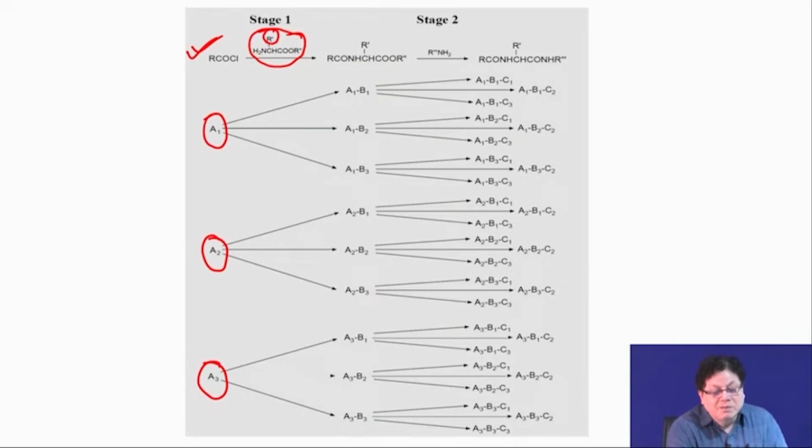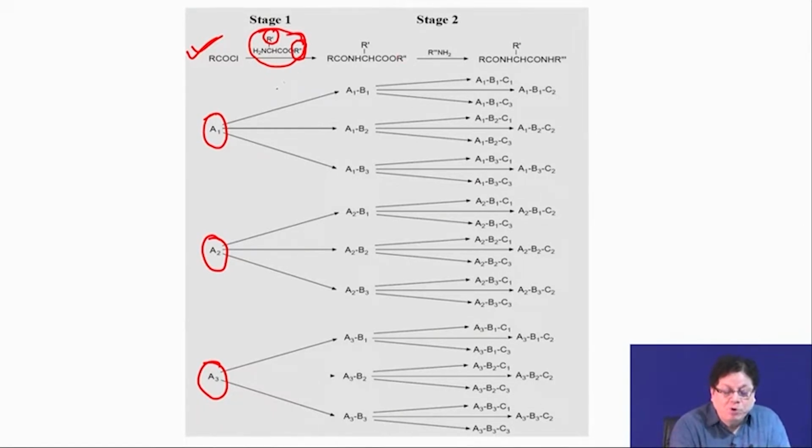You can have 20 amino acids here depending on this R, and these are your variables, R dash and R double dash. So, you can vary this R dash and you can vary this R double dash also.